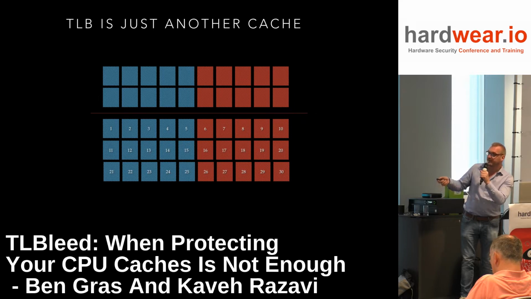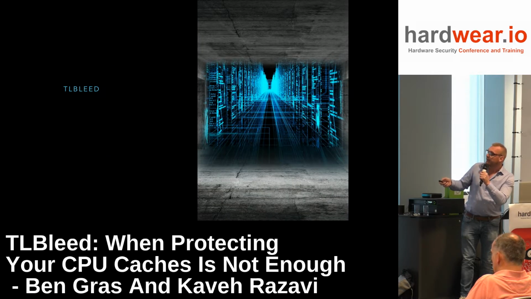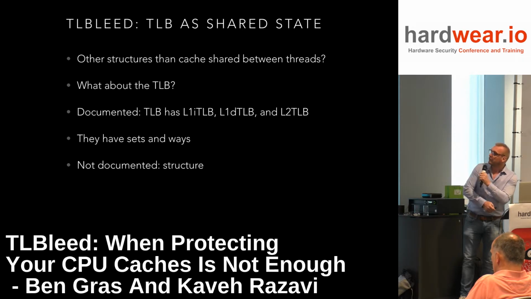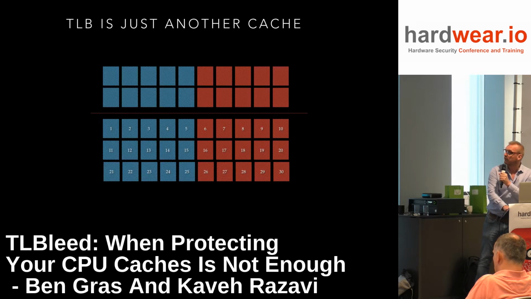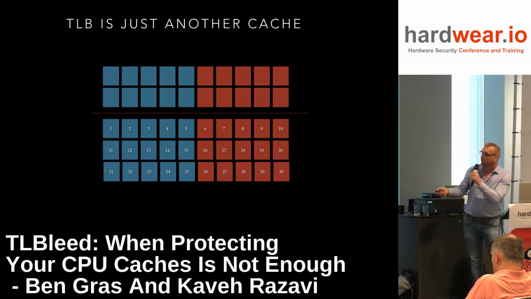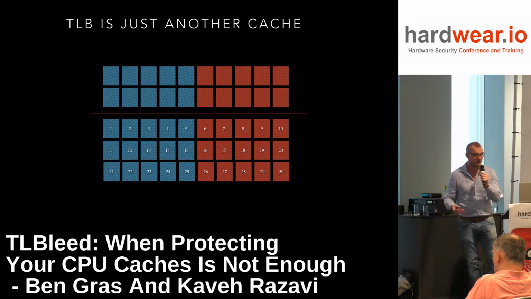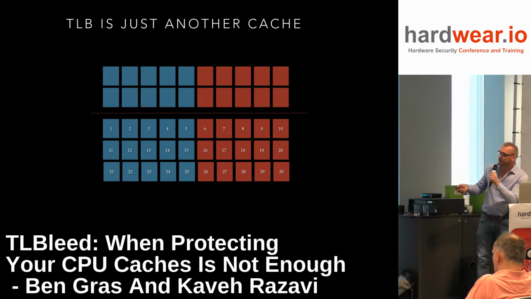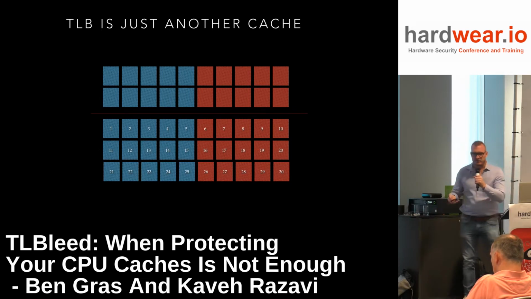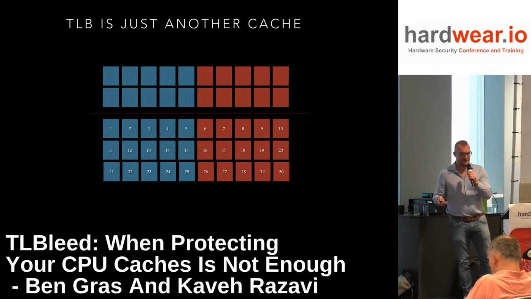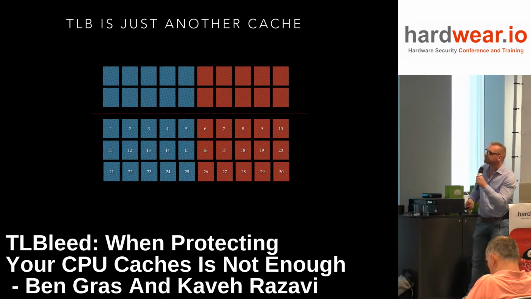They all have to stay in the same column, because this is the first blue cache set, the second blue cache set, the third blue cache set, and you can't go from here to here. You have to stay in your own column. That's just a limitation of the hardware. And any of these columns, as Kaveh was saying, has 8 or 16 or so entries, the wayness, the number of ways that we have.